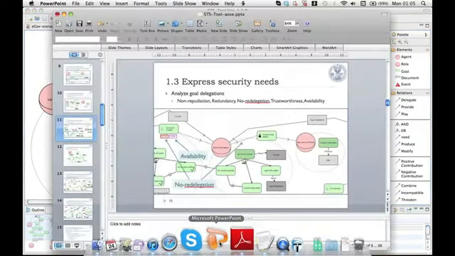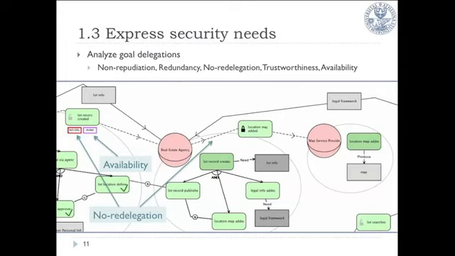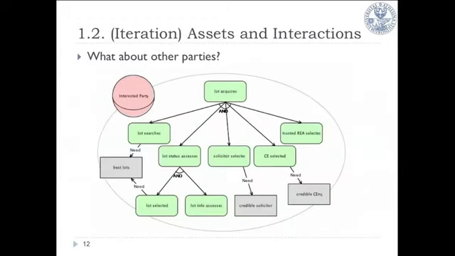In this way, we have expressed the security needs for this first interaction identified. And we would need to continue for all the other parties. Similarly, as we did for the lot owner, we'd consider the interested party having this goal model.